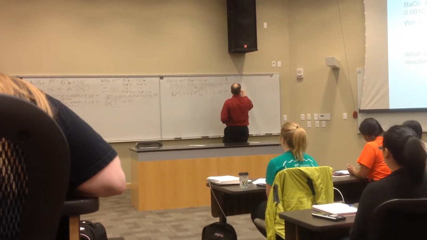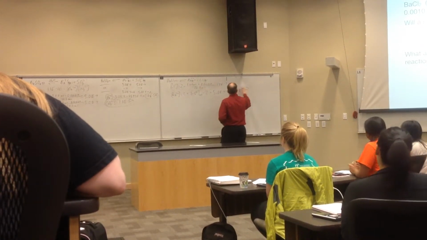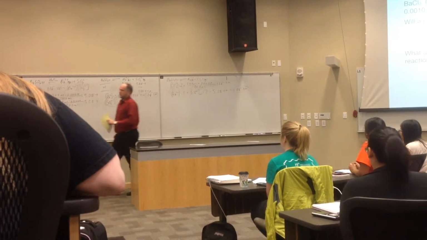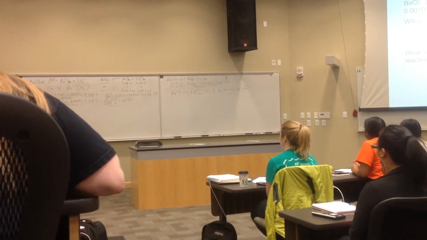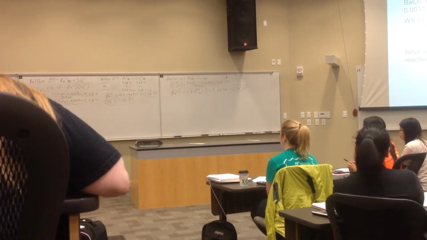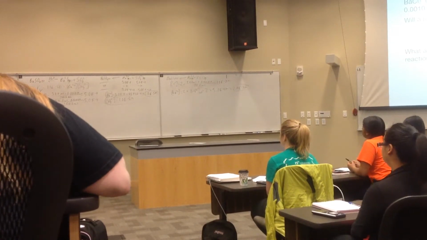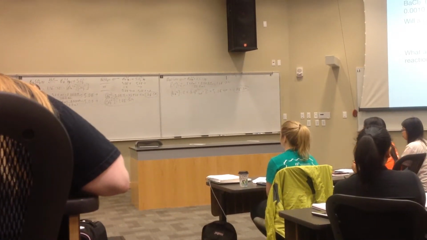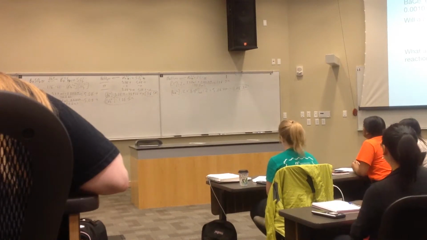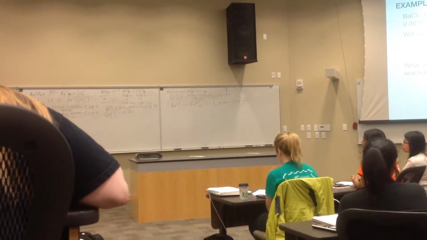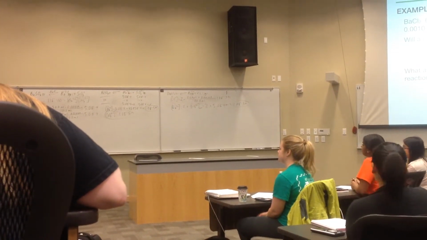So it's 1.0 times 10 to the minus third molar is the concentration part. Our sodium does not change. That's probably the worst case scenario for a calculation. Okay. Calculate the concentration of everything in solution. Calculate how much forms. All right.